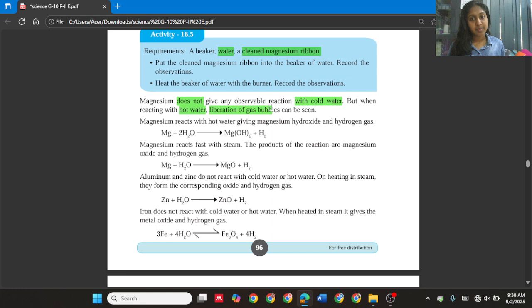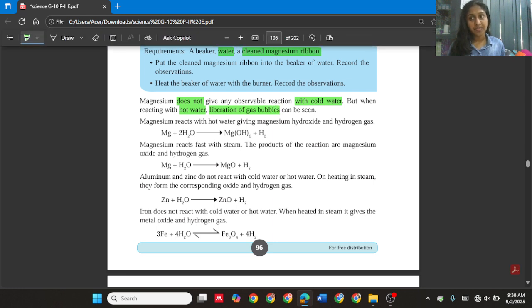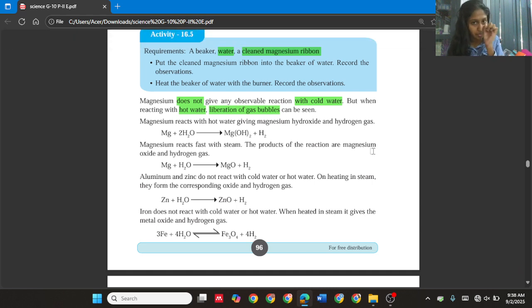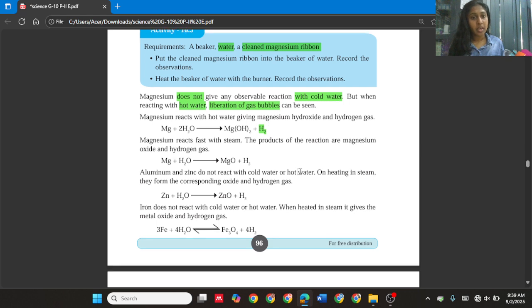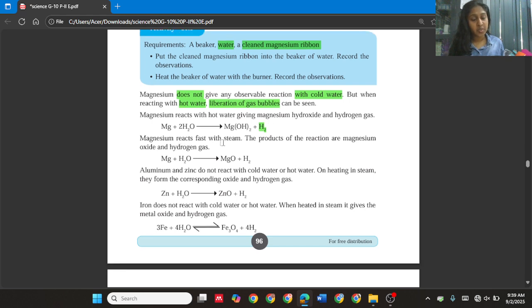But when reacting with hot water, what happened? Liberation of gas bubbles can be seen. In cold water you do not have any observable reaction, but with hot water, magnesium reacts, giving magnesium hydroxide and hydrogen gas. The liberation of gas bubbles means H2 gas. Then magnesium reacts fast with steam.